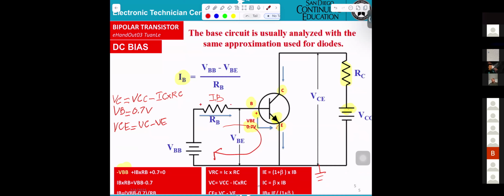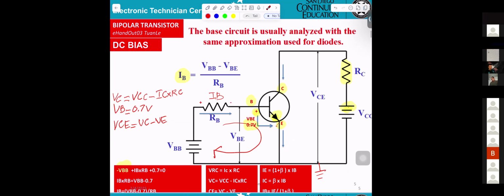Now they're talking about from the base to the emitter. In this case, however, VBE is not always 0.7. If you get a resistor here, that applies only for this schematic.